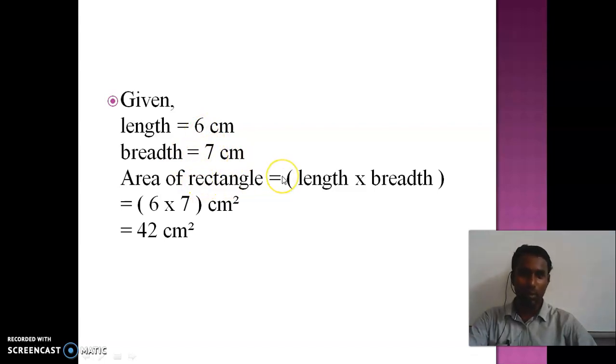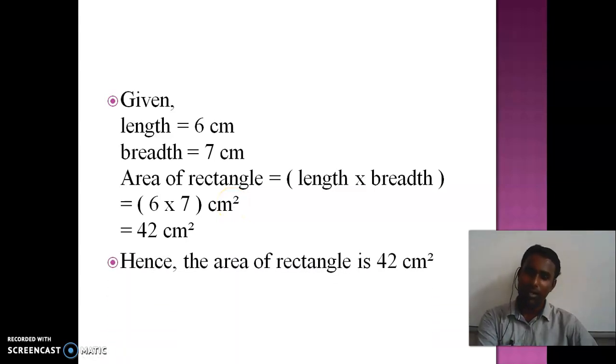Area of rectangle is length into breadth, that is the formula. So 6 into 7 is 42 centimeter square. Just apply the values. If you multiply the two, you will get the answer. Hence the area of the rectangle is 42 centimeter square. That is the final answer.